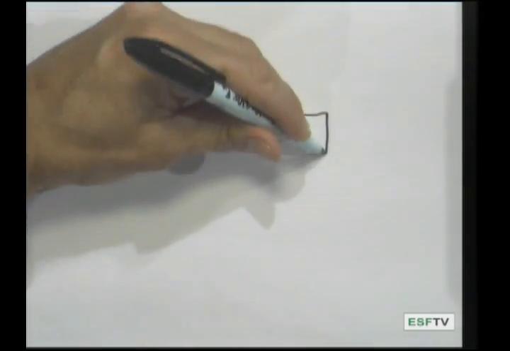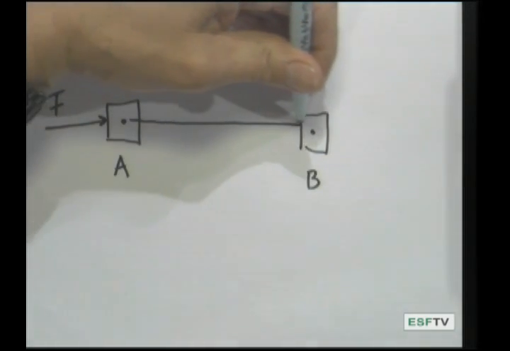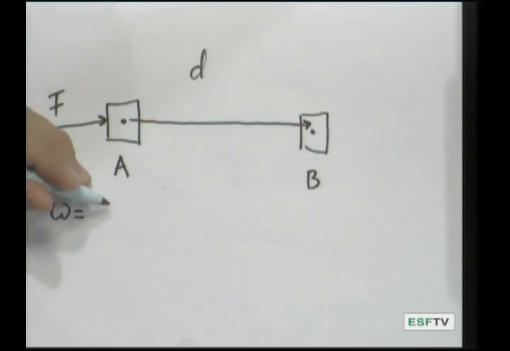Let's take a mass, and that's sitting there at point A, and we want to move that some distance to a point B. In order to do that, we have to exert a force on that, and we will move that object from point A to point B over a distance d. And of course, we come back to our formula. The work that is done during that process is equal to the product of the force times the distance.